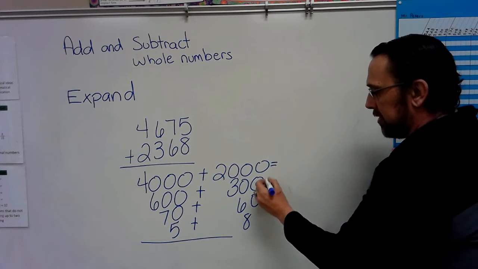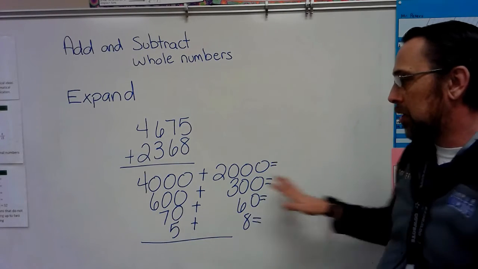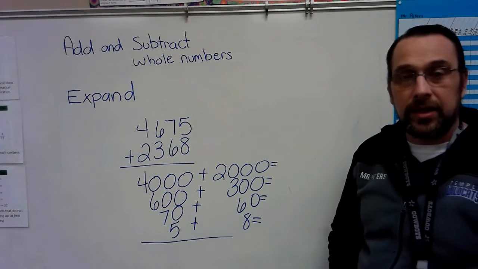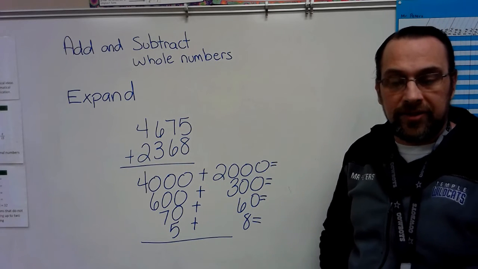Now over here on the side, I will add a cross to give me the expanded notation number that I'm going to use to add together in the finale.